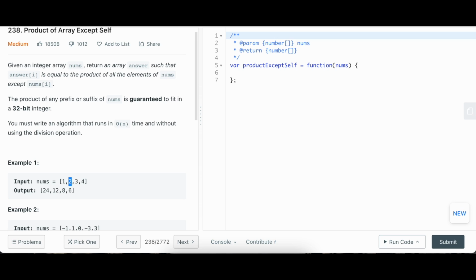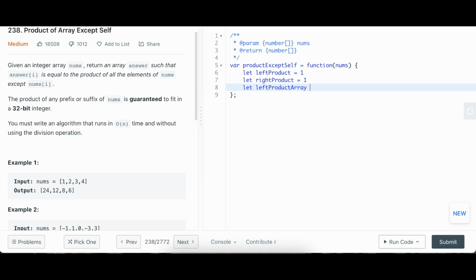Now let's move on to the coding part. So initially we start out with left product equal to 1, and then we have right product equal to 1. And then we are maintaining an array, called the left product array.